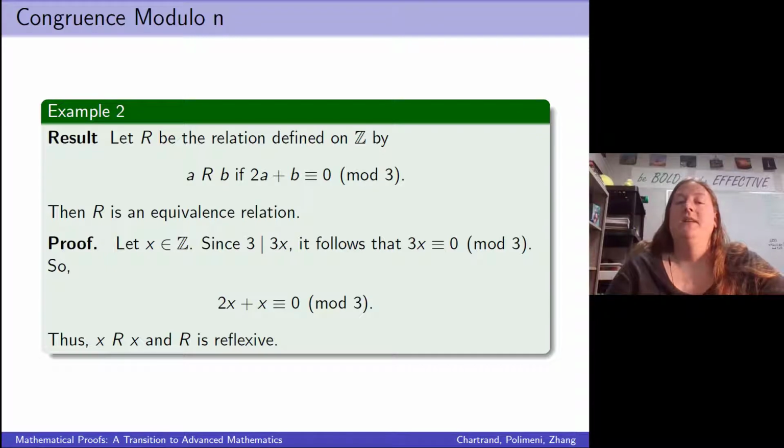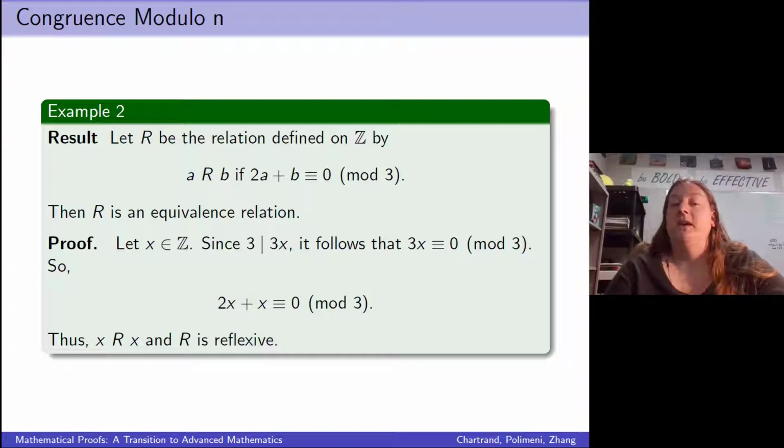We're going to let r be the relation defined on the integers by a is related to b if 2a plus b is congruent to 0 mod 3. Then r is an equivalence relation. So we need to again show that r is in fact reflexive, symmetric, and transitive. We're going to let x be an integer.